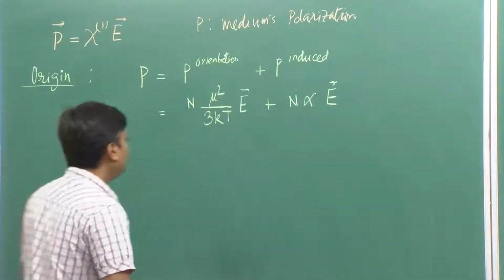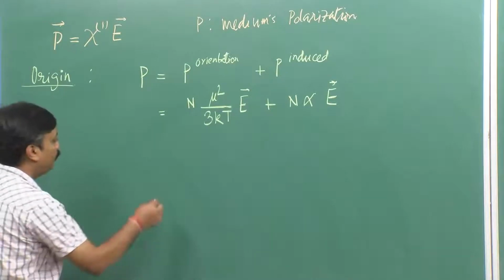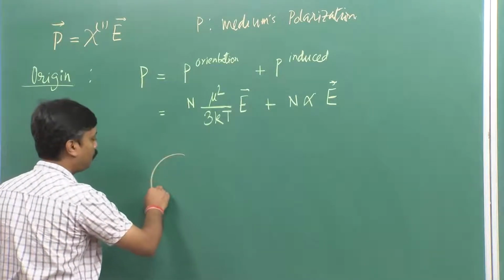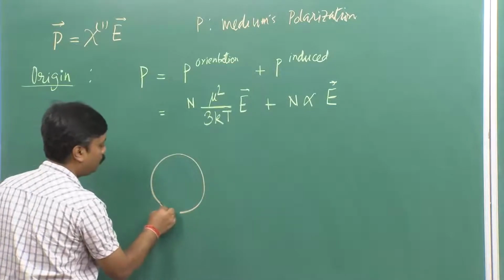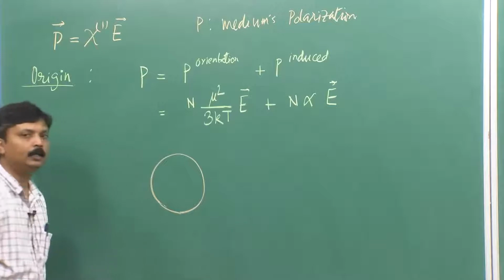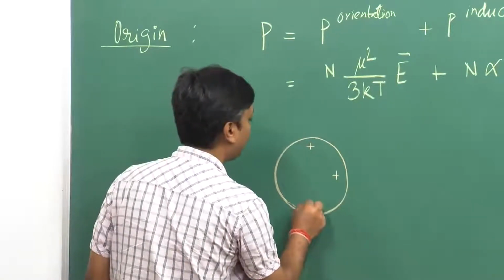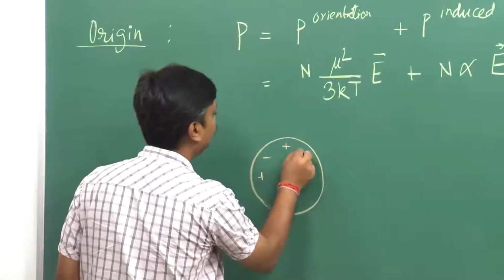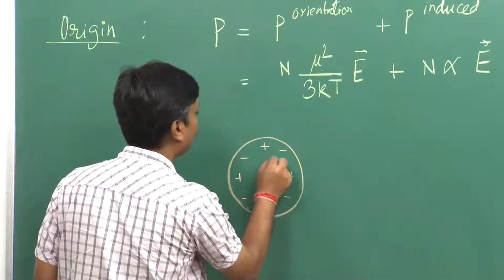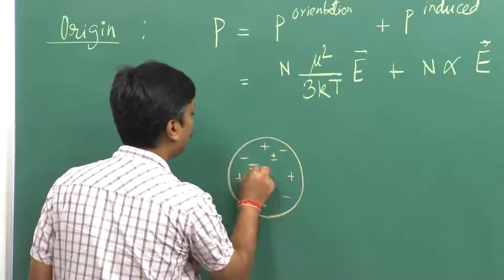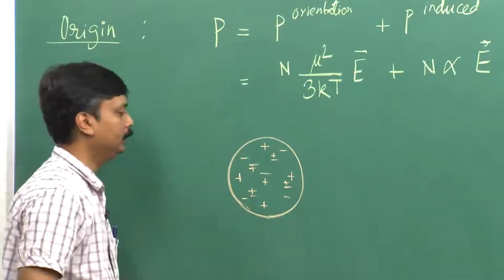So in a particular medium, we can take it like an isotropic distribution of charges, that is electrons, like this, right.